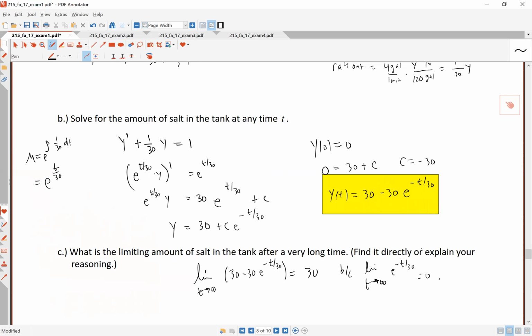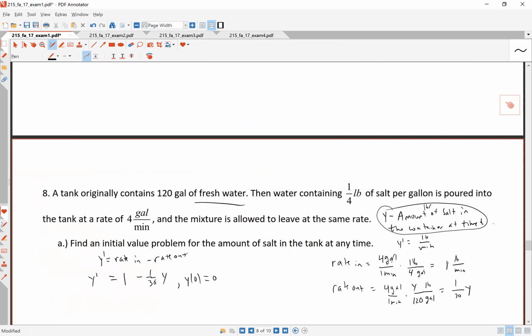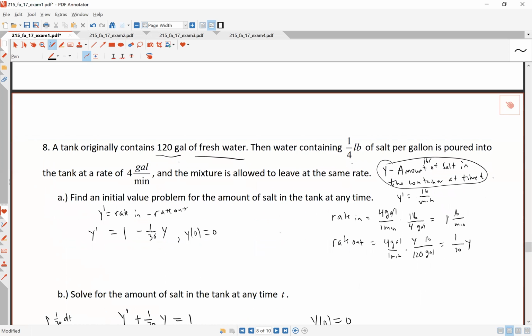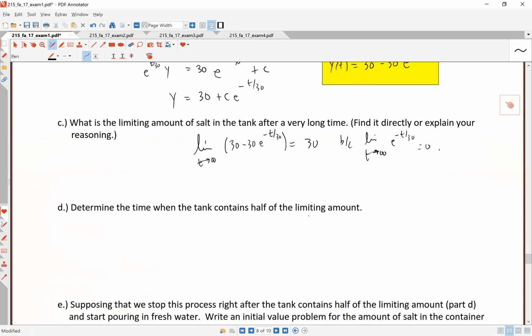Another way to explain our reasoning is that if you're putting in water containing a quarter pound of salt per gallon, after a very long time that's what it's going to have in there, a quarter pound of salt per gallon. And if there's 120 gallons, 1/4 of 120 is 30. You can always find the limiting amount just by looking at the information.